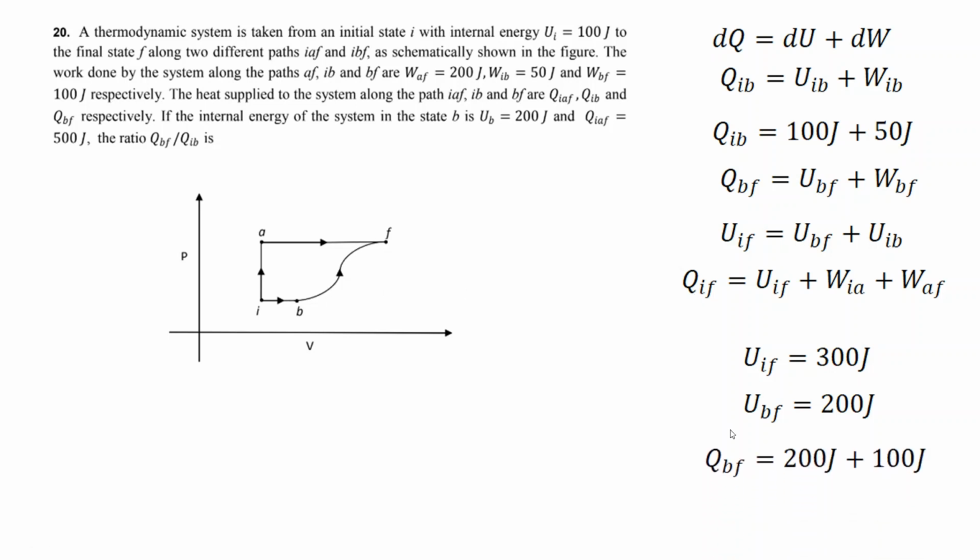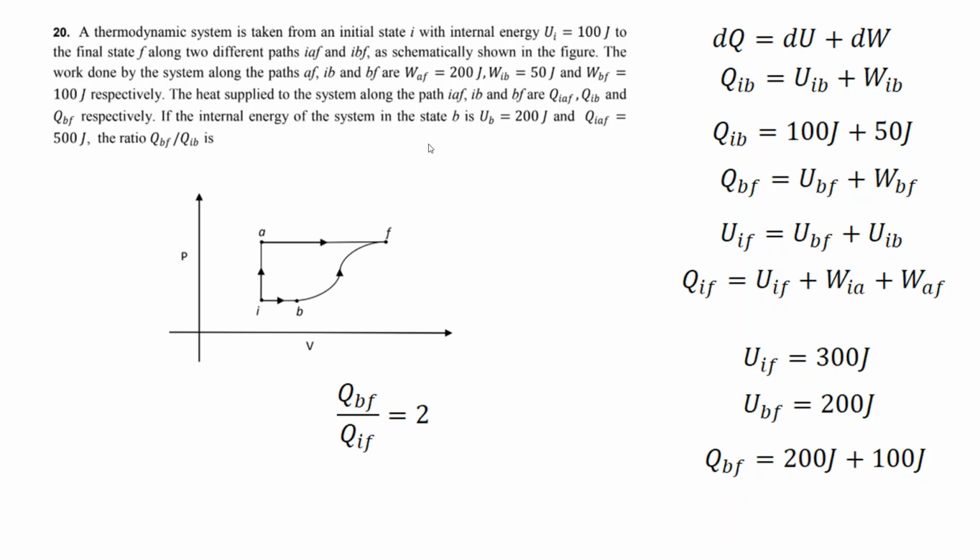So now QBF becomes UBF, that is 200 joule, plus WBF, that is 100. So QBF is 300 joule, and the ratio between QBF and QIB, 300 joule divided by 150 joule, is 2. So 2 is an integer and the answer which we got is correct.